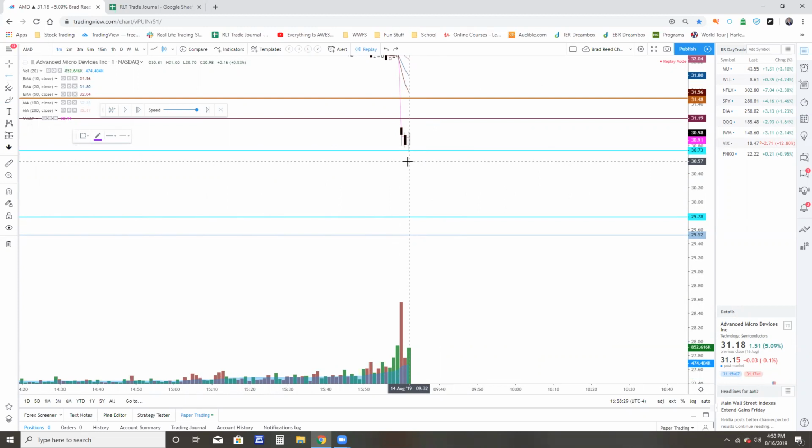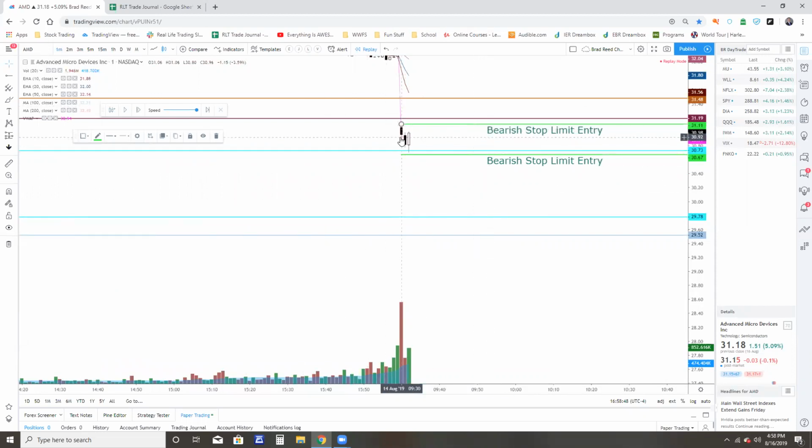If it comes down and breaks through the low of that candle, I think it will continue. The low of that candle is 30.70, so I'm going to put my entry at 30.67. I'll make that a bearish stop limit.